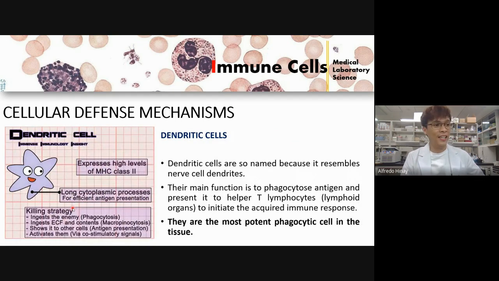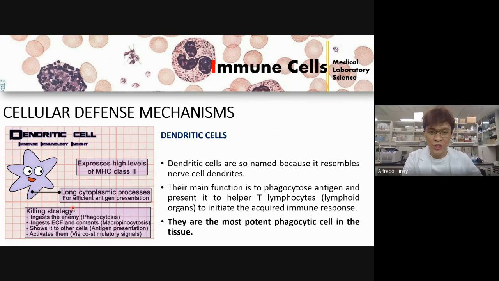And so you have your dendritic cells, which as I mentioned earlier, are the most potent APC. Your dendritic cells are named dendritic cells because they resemble nerve cell dendrites.